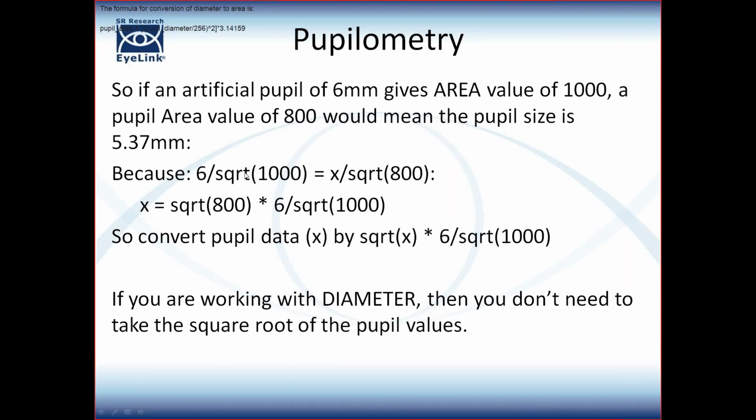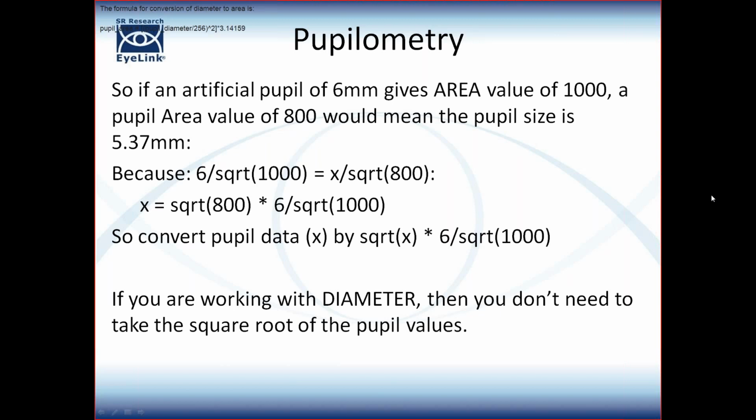The squaring here is simply because an area is an area, and we want to linearize things to a single dimension, so we take the square root. So if you're just working with diameter, then you can just omit the square root from these equations. And that's how you convert to millimeters.